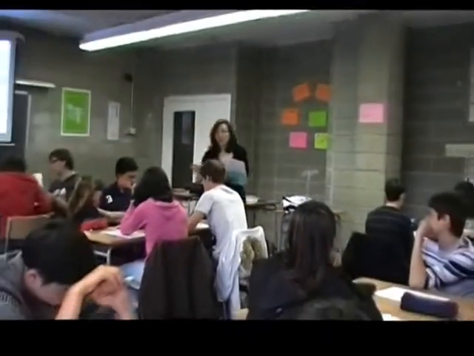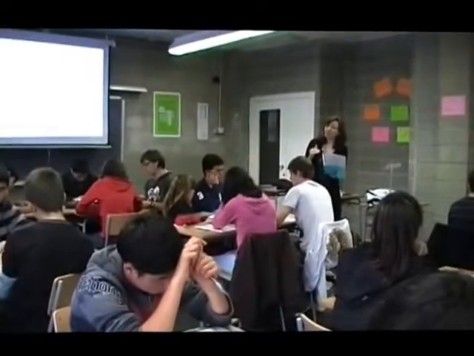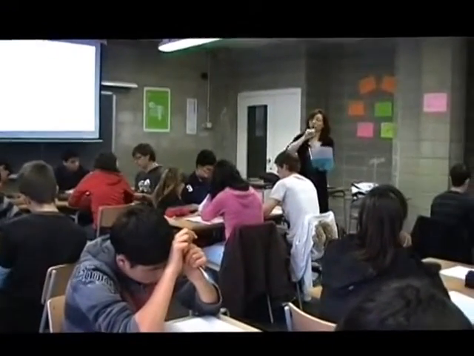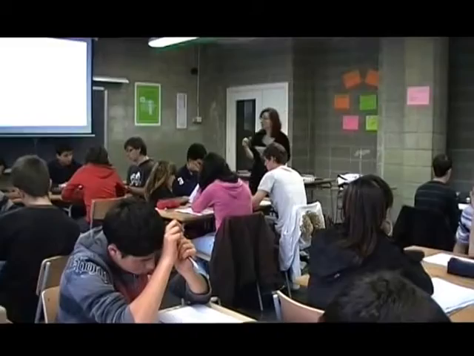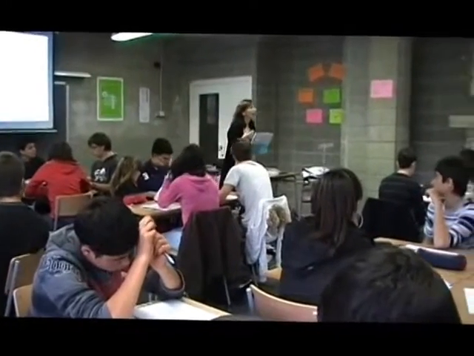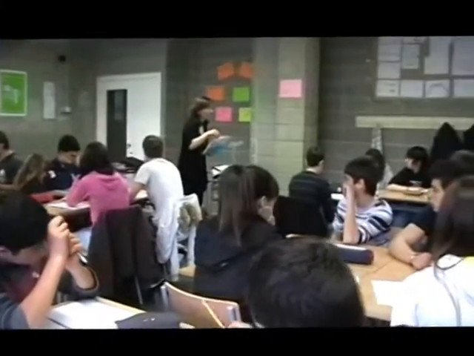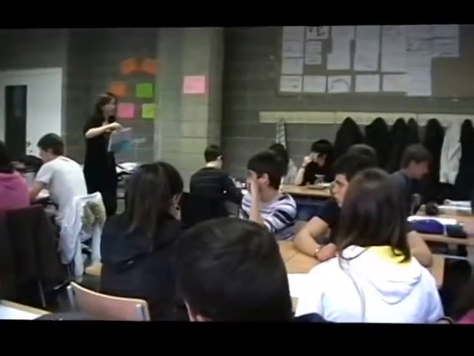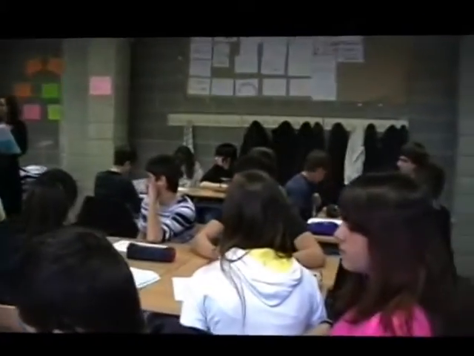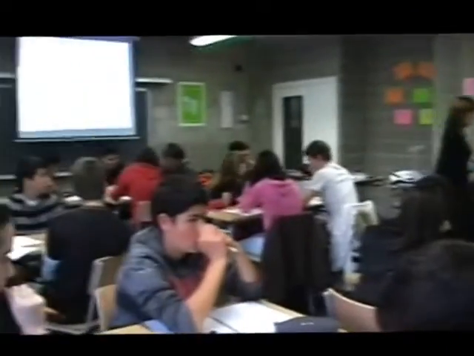And then, today we have to finish the activities and then try to write 4 sentences explaining what you have done, okay? Do you understand? Yes? Yes? Okay, then you can start now.